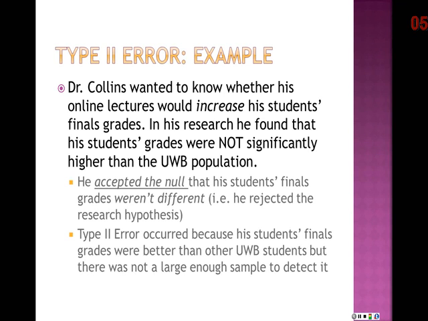However, here we have a type 2 error because my students' grades were better than the University of Washington Bothell students on average, but there's not a large enough sample size to really detect that effect. And so when we're talking about power and we're talking about sampling, the larger the sample size that you get, the more power you're going to have to be able to detect smaller differences in scores across populations.